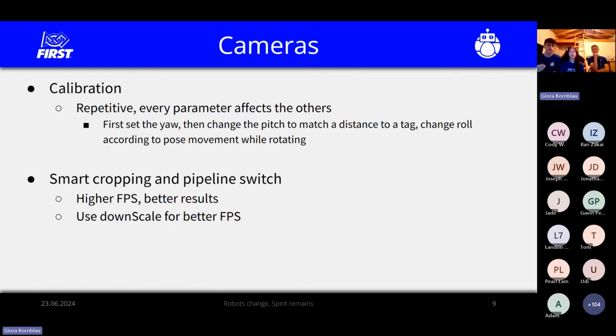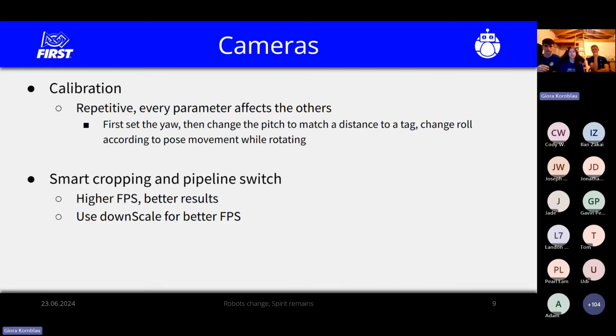And we change the pitch in order to match the distance that we are measuring from that position, and we are changing it until we see that the distance that we measured and the distance that the calculation is showing us is really similar.